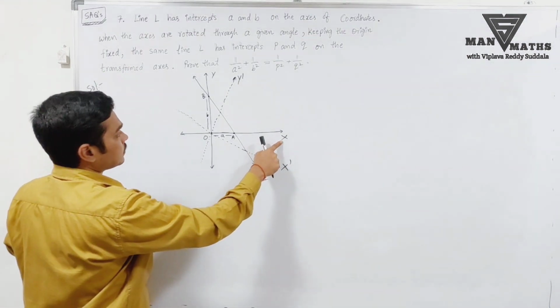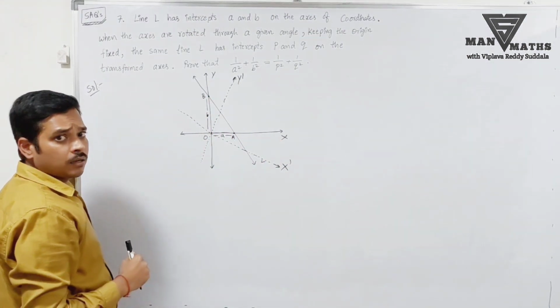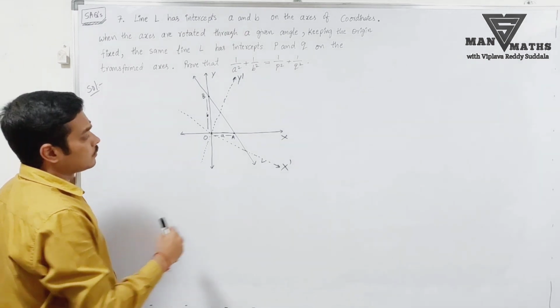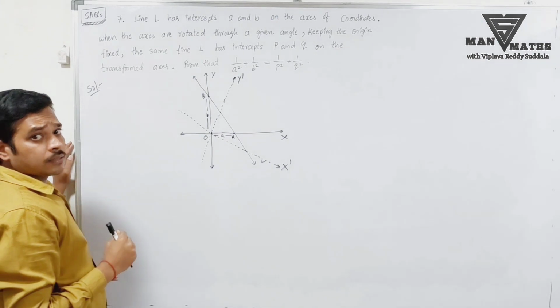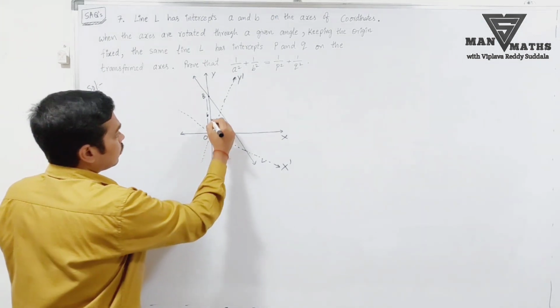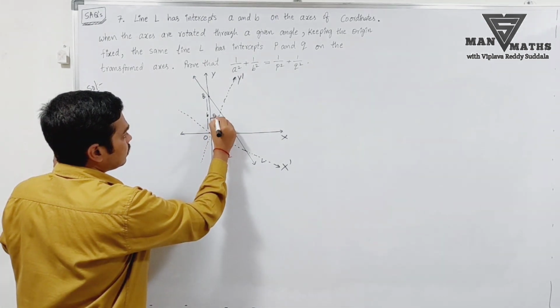Here capital X, capital Y are the coordinate axes before rotation. Capital X dash, capital Y dash are the coordinate axes after rotation, rotated by theta.